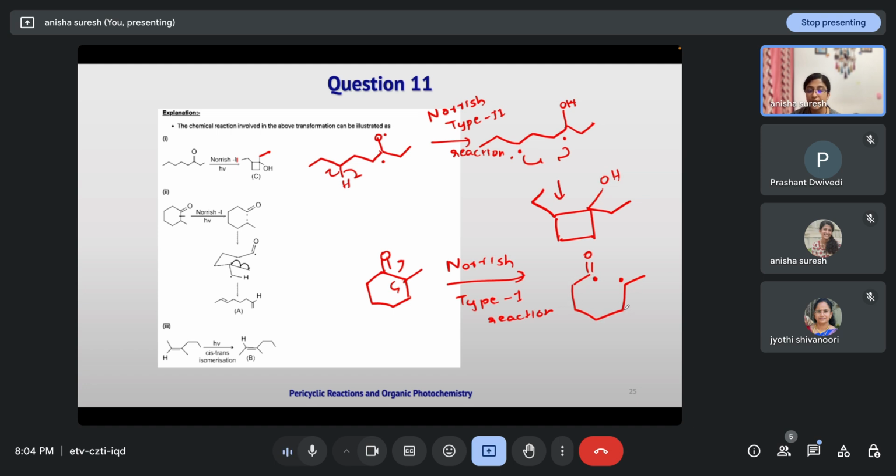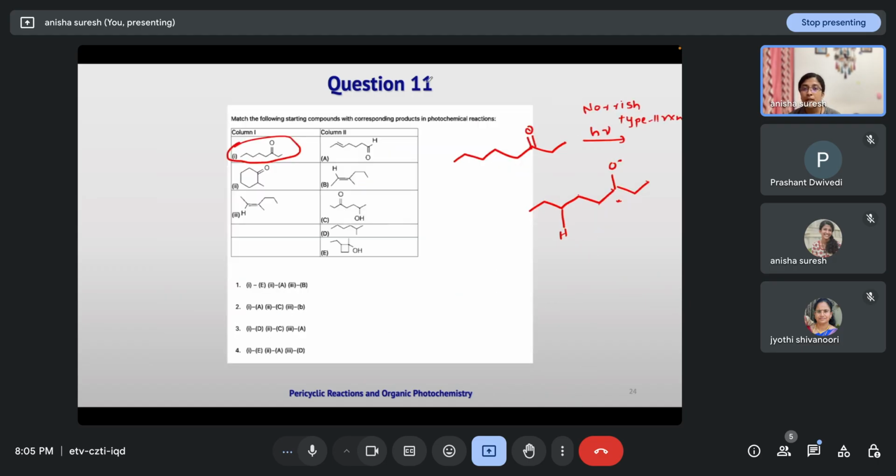Delta hydrogen abstraction will be taking place, leading to formation of aldehyde, double bond OH. So here also radical, here also radical. This can recombine, leading to formation of 3 double bond. So this is the final product that will be forming.